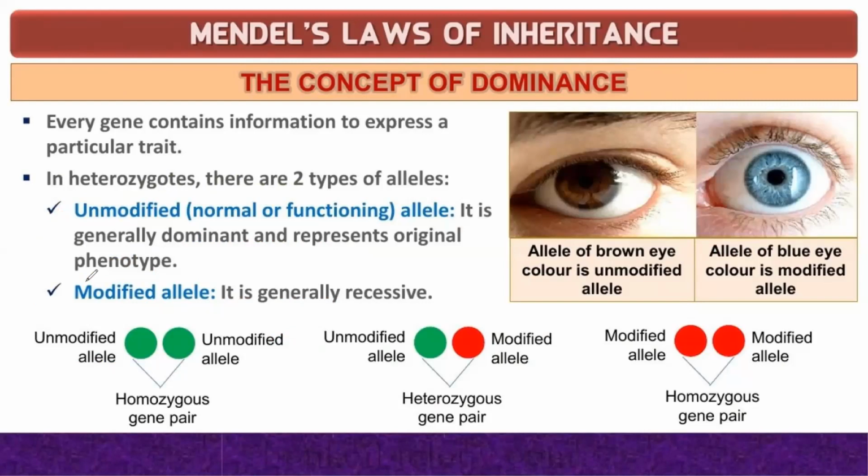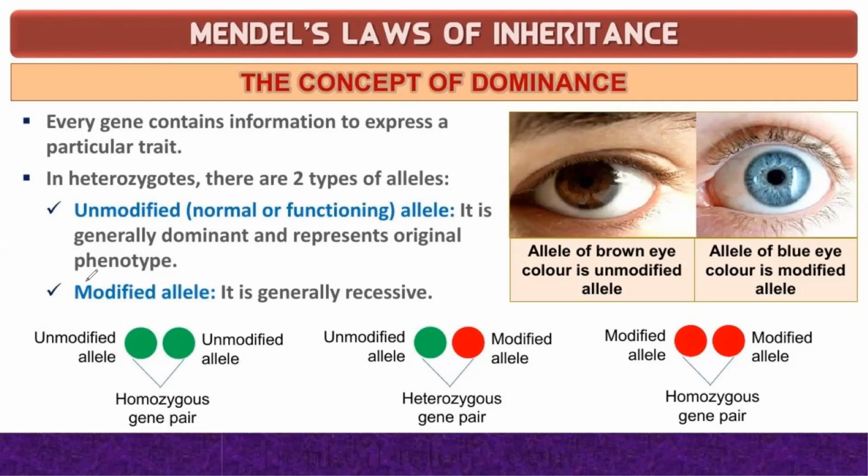As we had discussed in video 1, it depends on the product, that is protein, that has been produced by the genes. Every gene contains information to express a particular trait. Trait is a character. In heterozygotes, there are two types of alleles. In the zygote, if the genes are heterozygous, that means both the genes are different.